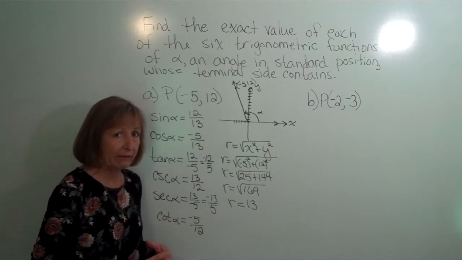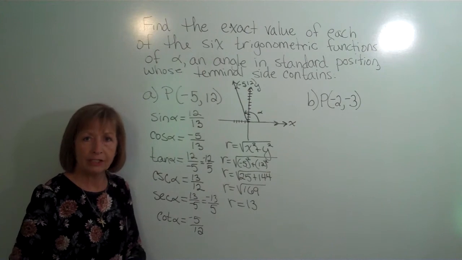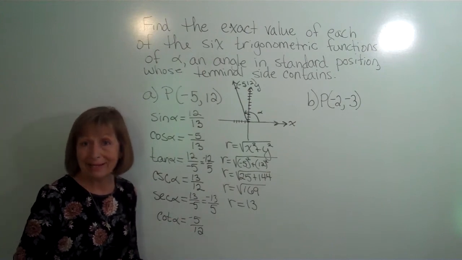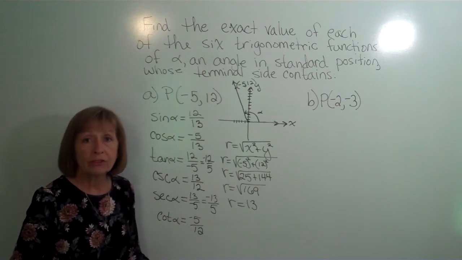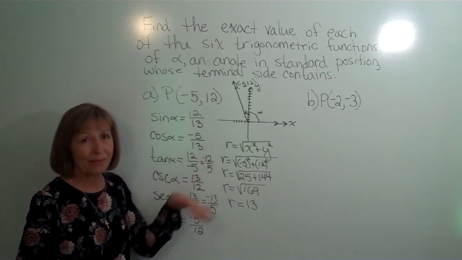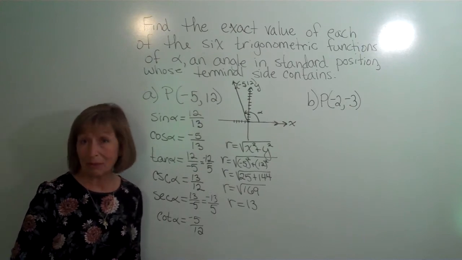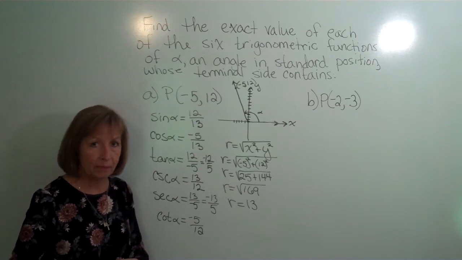So just thinking forward with this, eventually we're going to have where they give me one of the trig ratios and they're going to tell me what angle or what quadrant the angle is in. And I have to make sure I realize that when they simplify those ratios, the negative sign might not necessarily be where it's supposed to be when I'm plotting out my points.